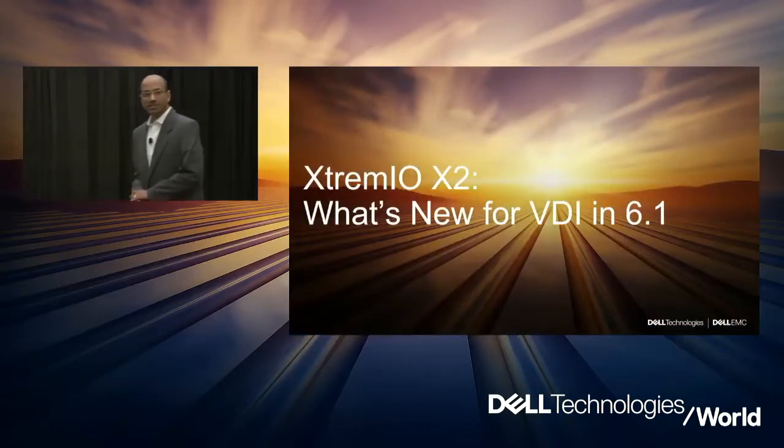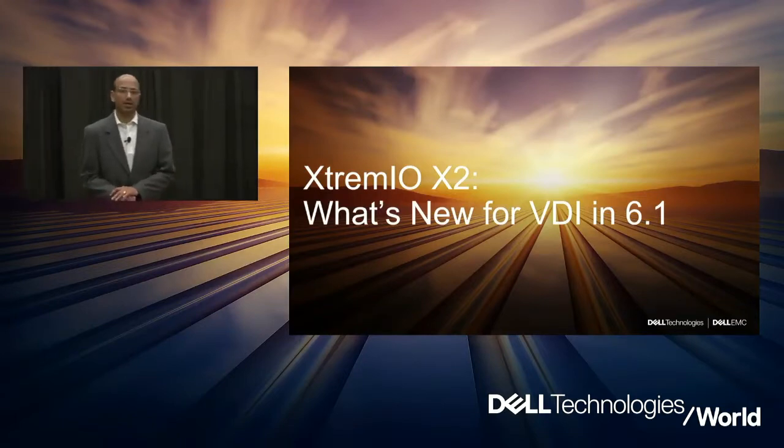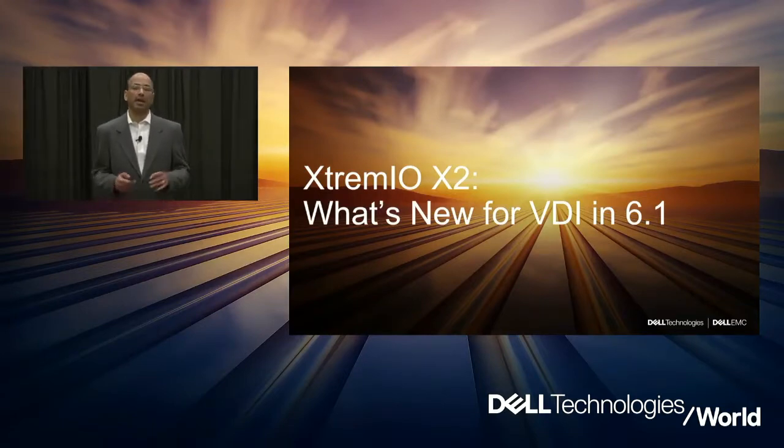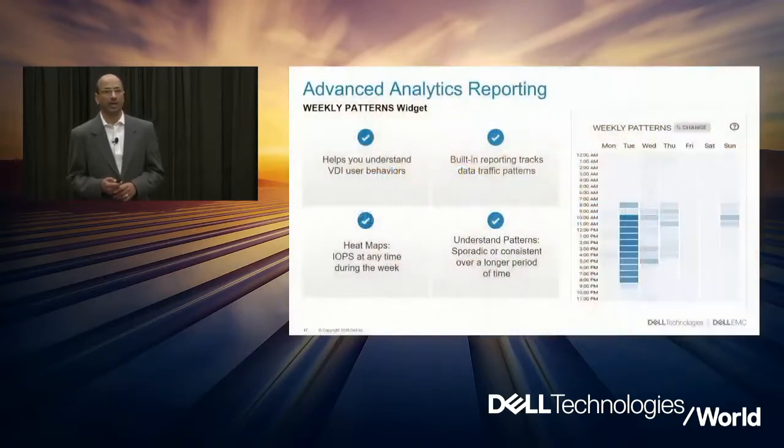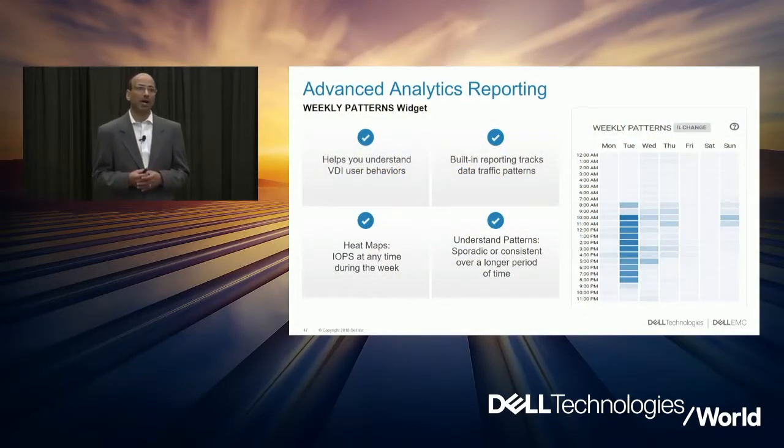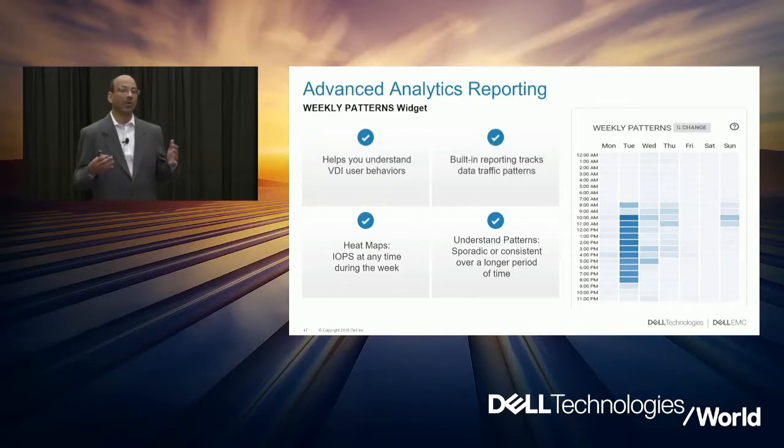For the last section, let's take a look at what's new in XtremIO X2 6.1 as it relates to VDI. The first thing I want to highlight is advanced analytics reporting. It actually helps you with weekly patterns to understand how your VDI users are using the system, whether the patterns are sporadic or consistent over a long period of time.